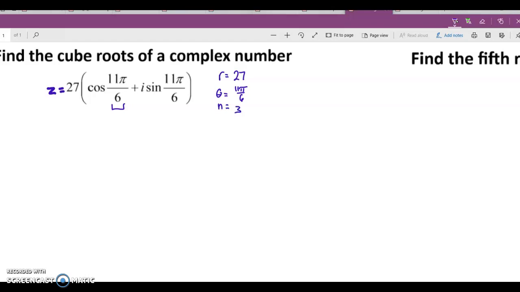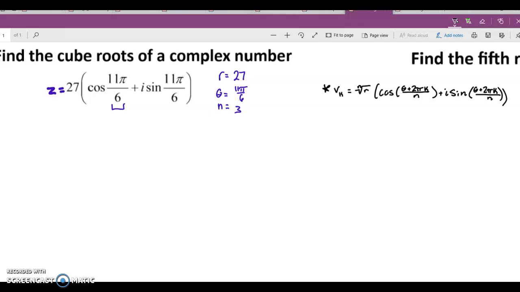And then a quick refresher in case you do not have it written down somewhere, I'm going to write it over here. I call your roots v. So v sub k is equal to the nth root of r times cosine of theta plus 2 pi k all over n plus i sine of theta plus 2 pi k all over n.